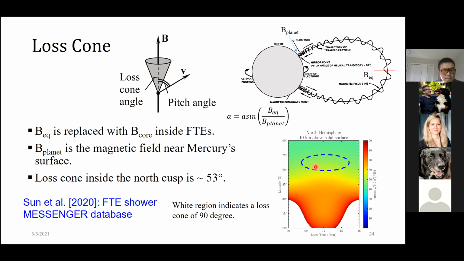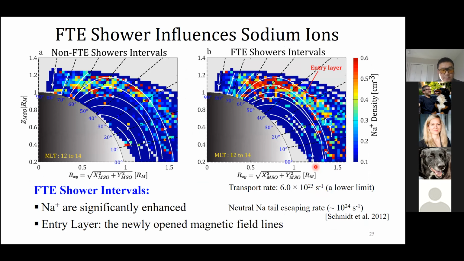In our previous study, we investigated the entire MESSENGER mission. We got around 2,000 FTE shower intervals and 2,000 non-FTE shower intervals, so we divided them into two groups. The left shows the non-FTE shower intervals and the right shows the FTE shower intervals.